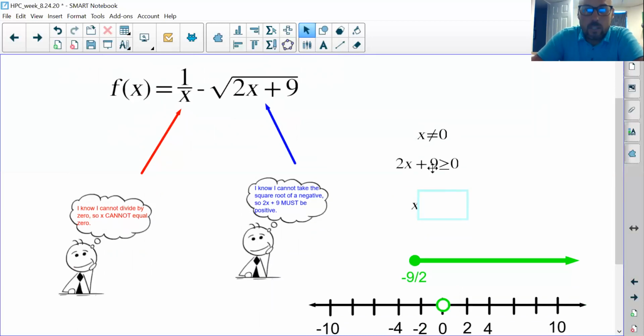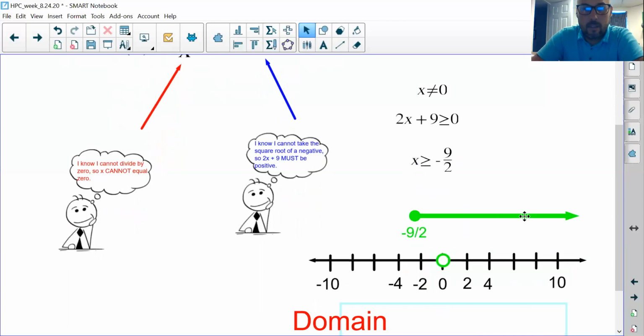What about this? 2x plus 9 is greater than or equal to 0. Well, you want to find out what the domain is. Domain is x. So let's just solve for x. You would subtract 9 and divide by 2, getting -9/2. X has to be greater than or equal to -9/2. And -9/2 is about -4.5. So here it is.